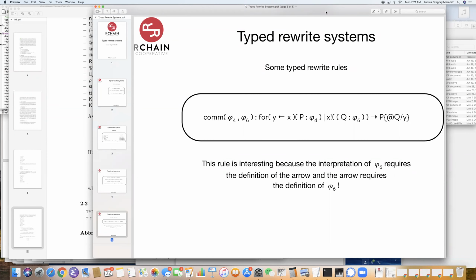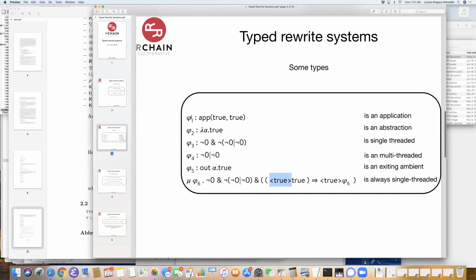Yes, that's right. So the types arise from two different structures. One structure is the language that you're writing the rewrites over. In the case of phi1 and phi2, the language that we're writing rewrites over is the lambda calculus.